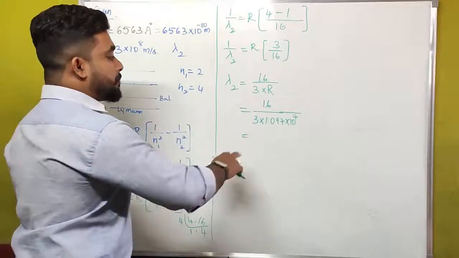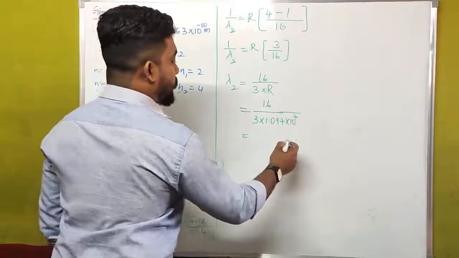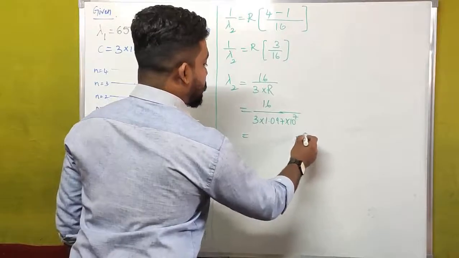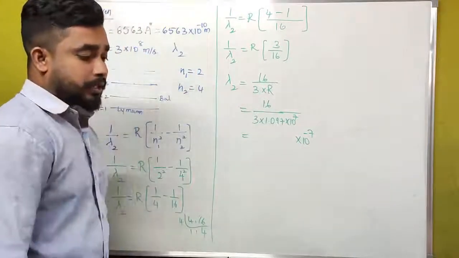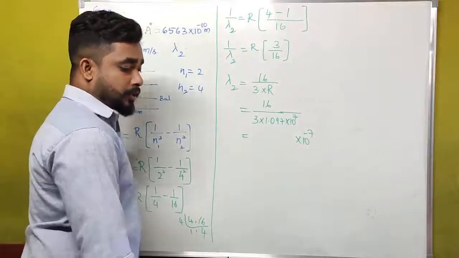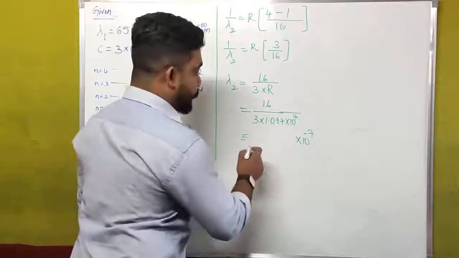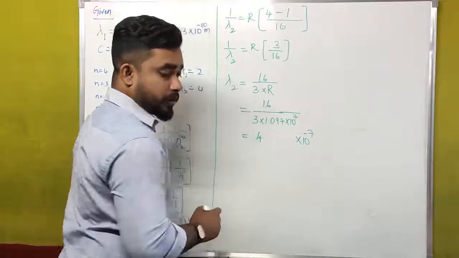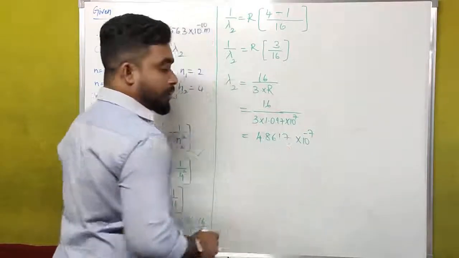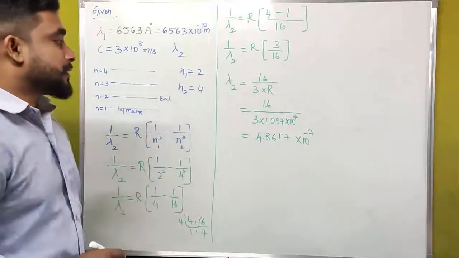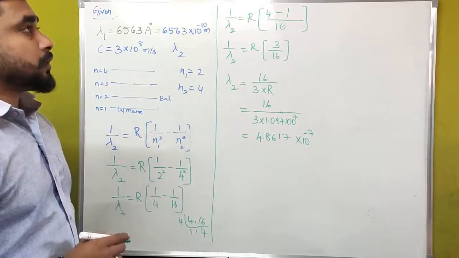And if we multiply 3 into 1.097, what we will get here is 16 divided by 3 into something. Overall, we can calculate that as 4.8617.